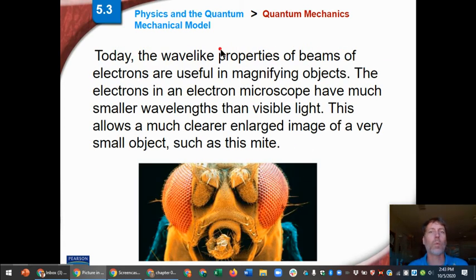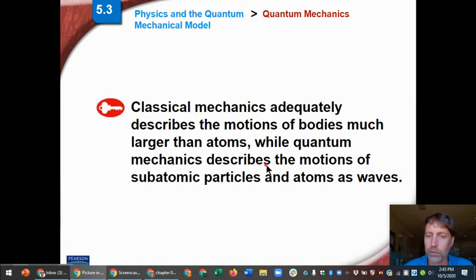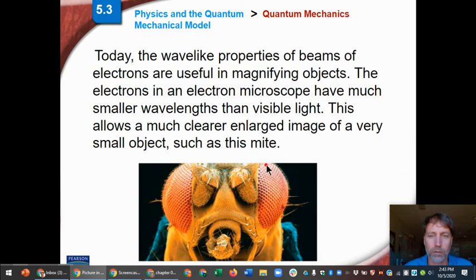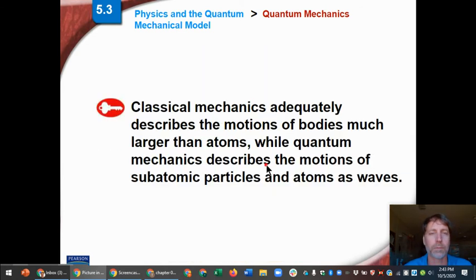So today, the wave-like properties of beams of electrons are used to magnify objects. An electron scanning microscope is one where you can see images much more clearly because they can use these energy changes to their favor to see very small things.